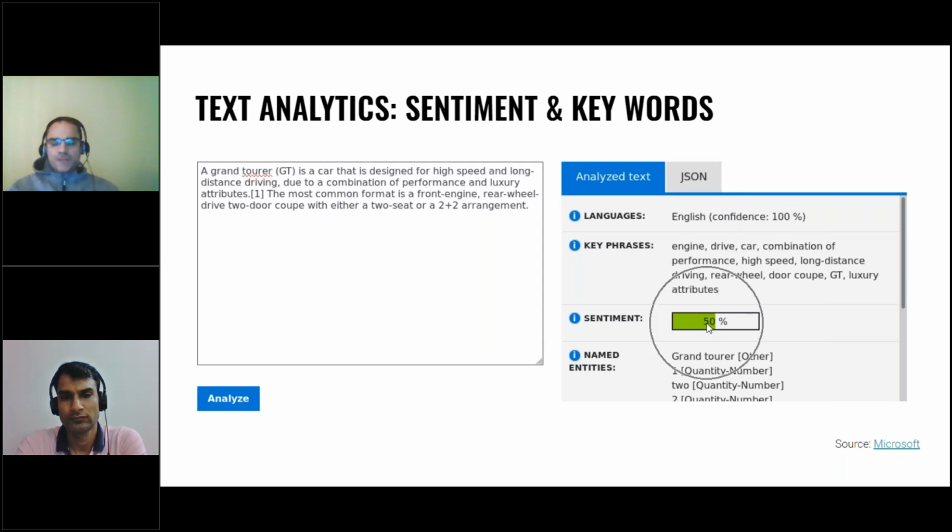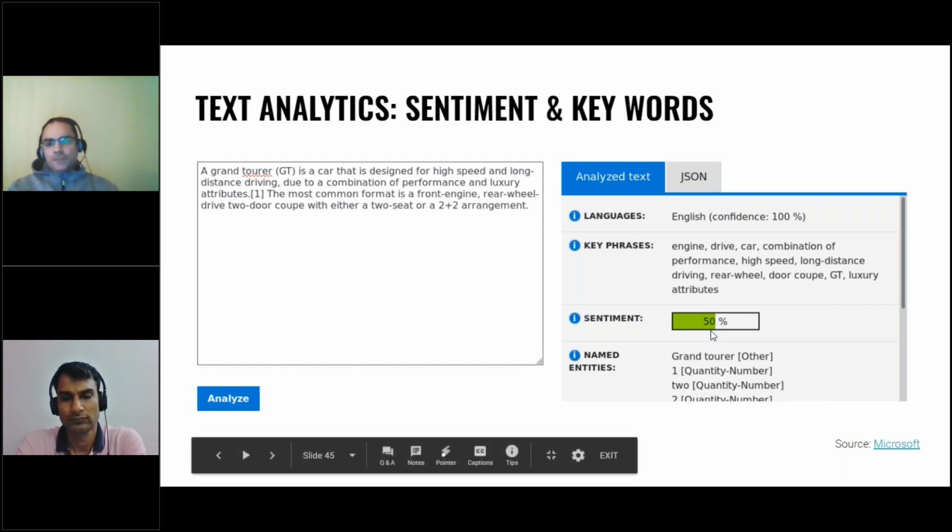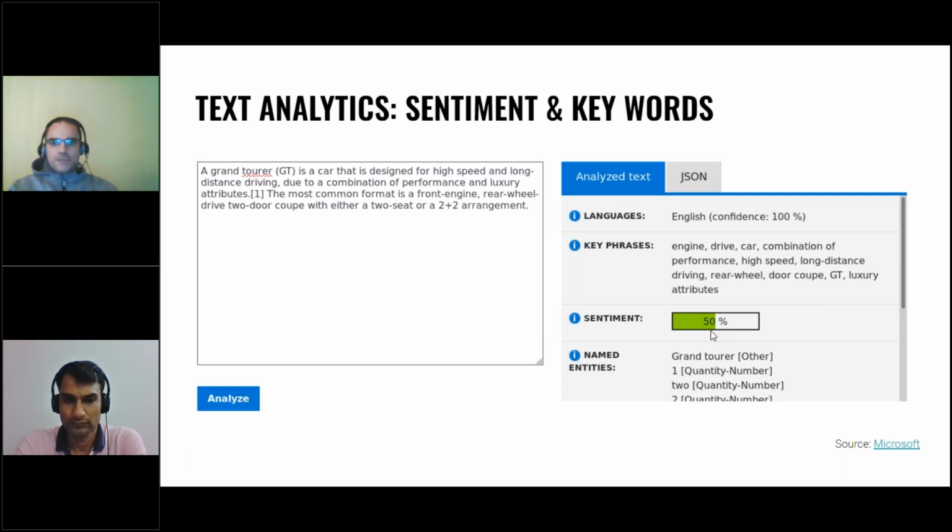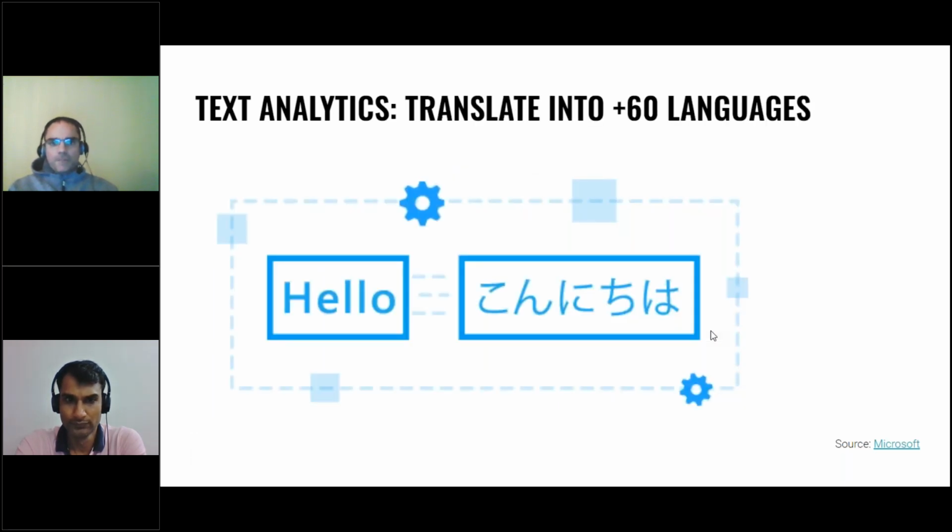It can analyze the sentiment, so is this text more positive or negative? And it's also capable of listing the named entities in the text. Text analytics also comes with translation capabilities into more than 60 languages. So you can go from English to Chinese, from Chinese to French, from French to Italian, and to English again. We've tested that, and it works very well.